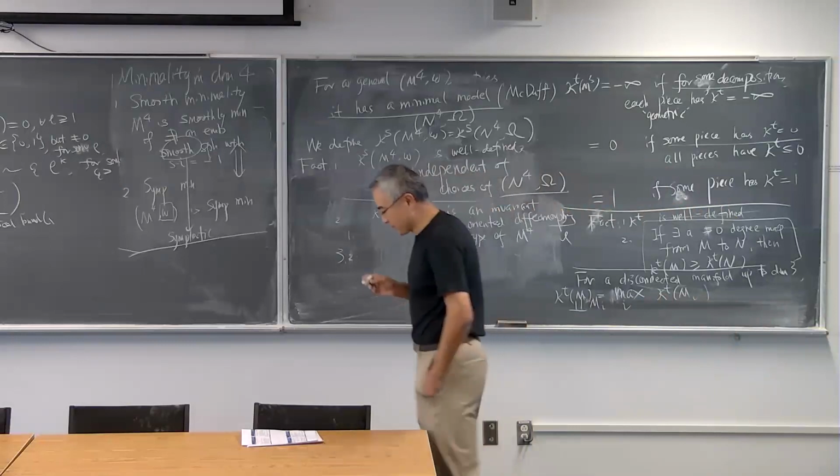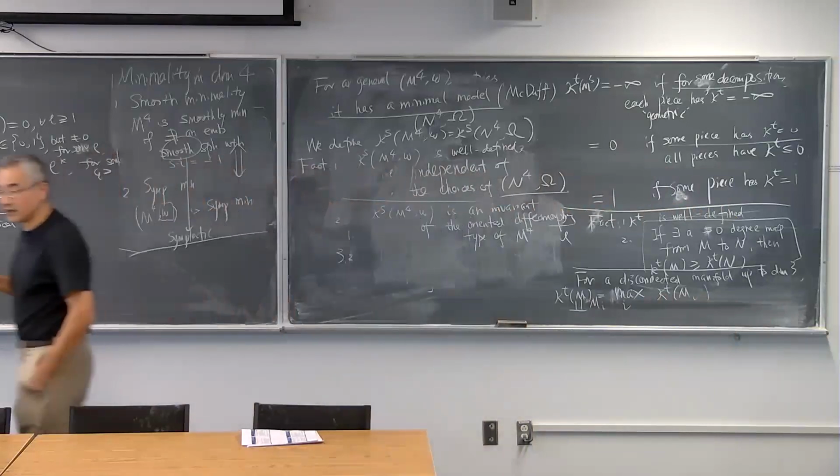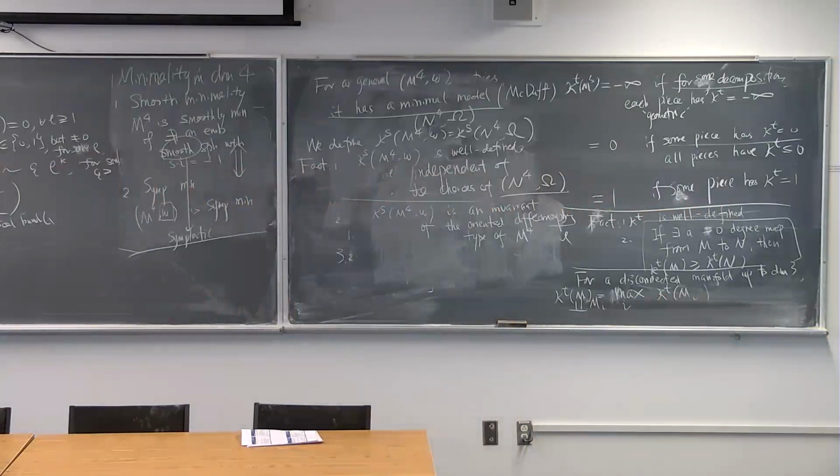I think this question was studied by Kotschick. Is it impossible? The orientation is given by the top power of omega, because if you replace omega by minus omega, of course, you get the same orientation.